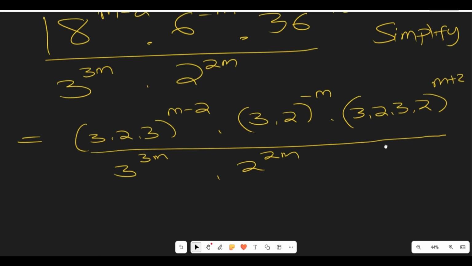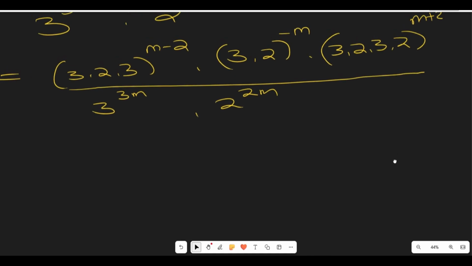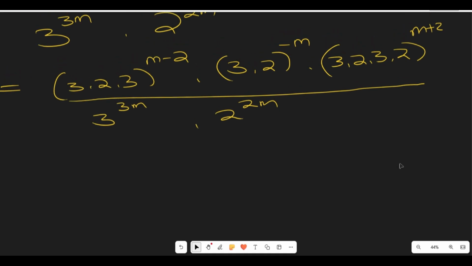So now let us go on to allocate the powers. Let's allocate the powers everywhere. We'll start and combine these two brackets, and then we'll sort that one later.